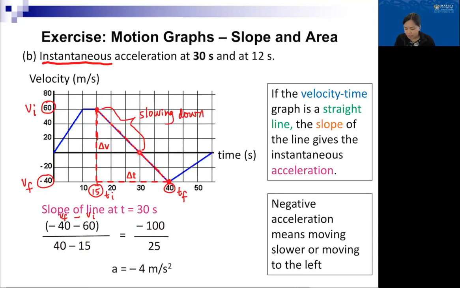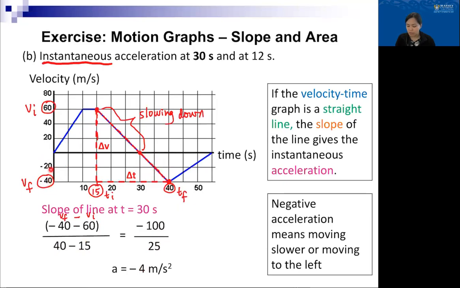And then if you look at this portion of the graph here, notice that speed is just the positive values for velocities, disregarding the negative signs. So if you look at this portion of the graph below the horizontal axis, the speed is actually increasing.